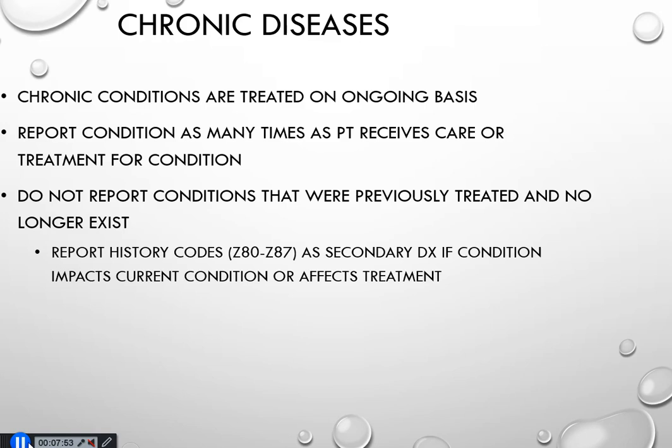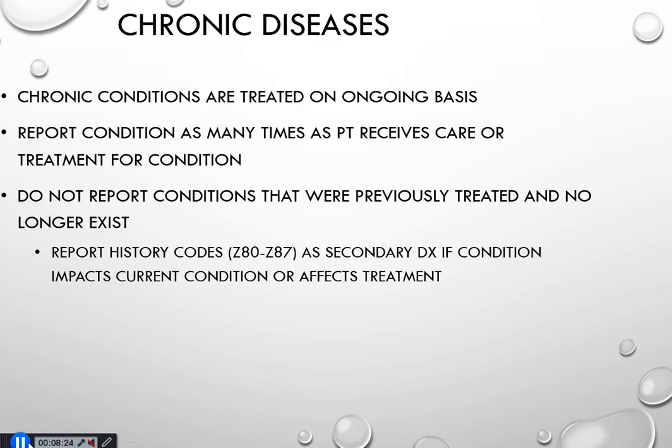Let's look at an example of a chronic condition. An established patient is seen for E/M management of mild, intermittent, uncomplicated asthma, and the patient also has type 2 diabetes. So you read through the note and you see that the physician refills medication for asthma and diabetes.